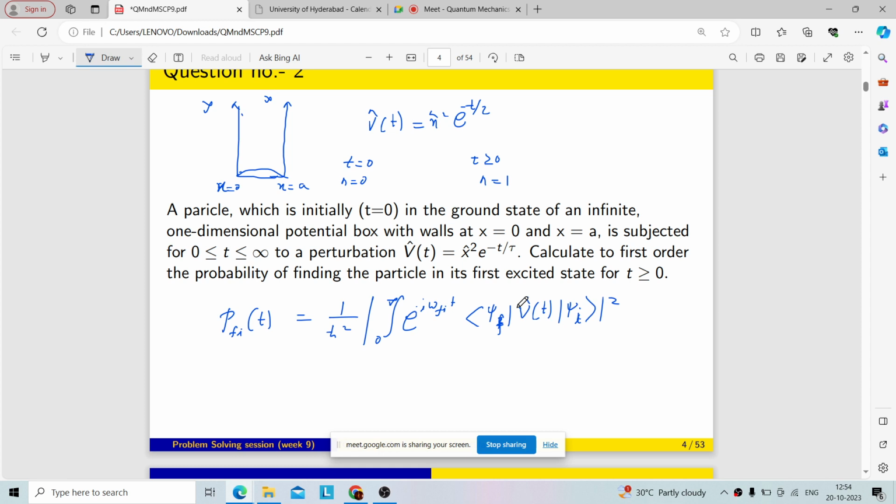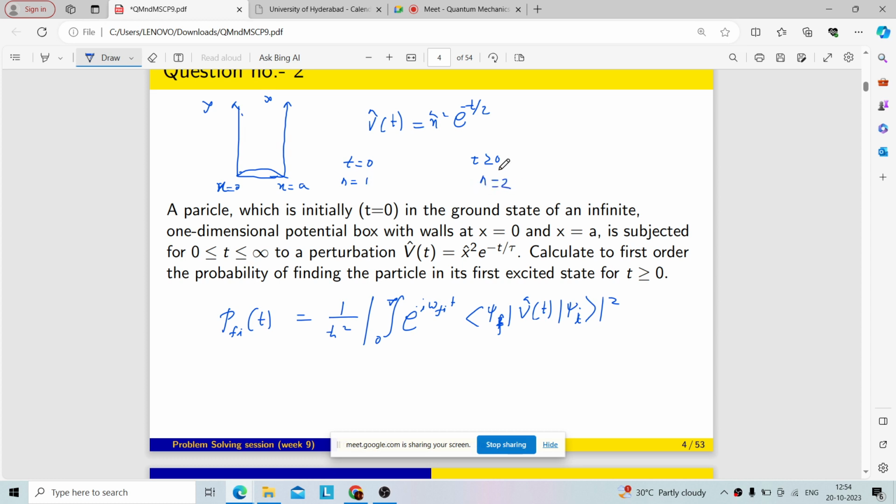Maybe n does not start from 0, it starts from 1. So in that case, n equal to 1 to n equal to 2.